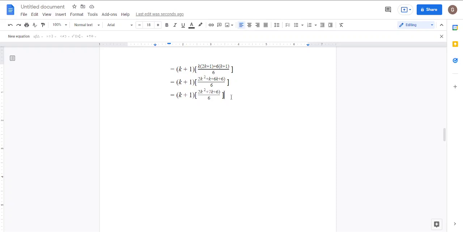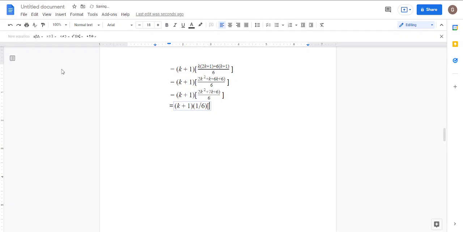So if I rewrite this line here, I can remove the 6 from the bottom, and I can put the 6 on the outside. So I can say times 1 on 6 on the outside, and that'll leave us with just the quadratic on the inside of the third bracket.